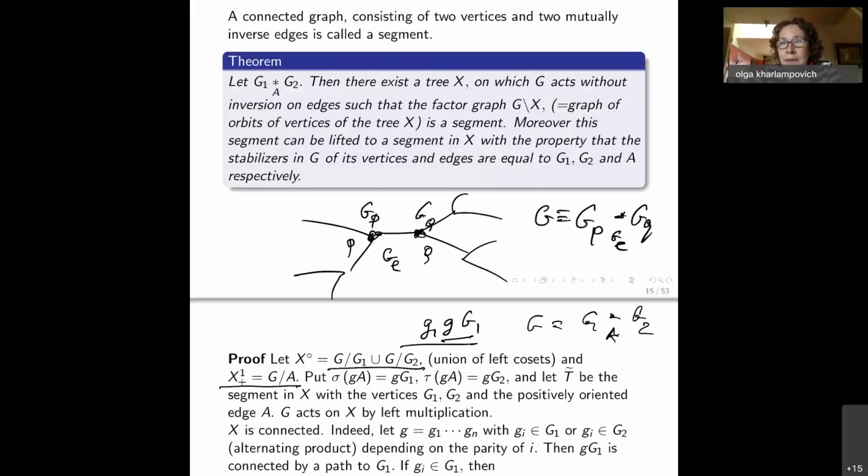The same is true also for amalgamated products, subgroups of amalgamated products. That's a hell of a calculation by hand if you do it only with elements and generators and relations. But once translated into geometry, that produces a miracle.